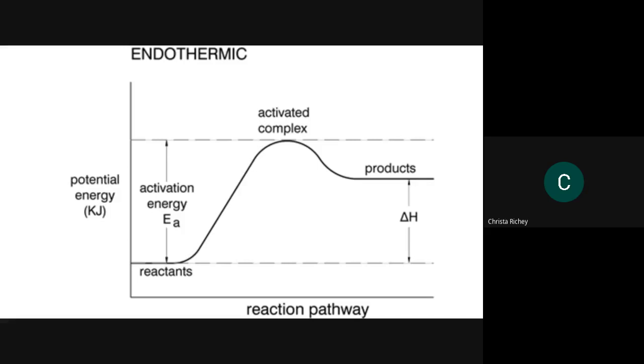Your potential energy of this really unstable activated complex is from the hump down to zero. Your heat of reaction is the difference between your reactants and your products. It doesn't matter if it goes down or if it goes up. It's the difference between the true start, which is the reactants, to the true end, which is the products.